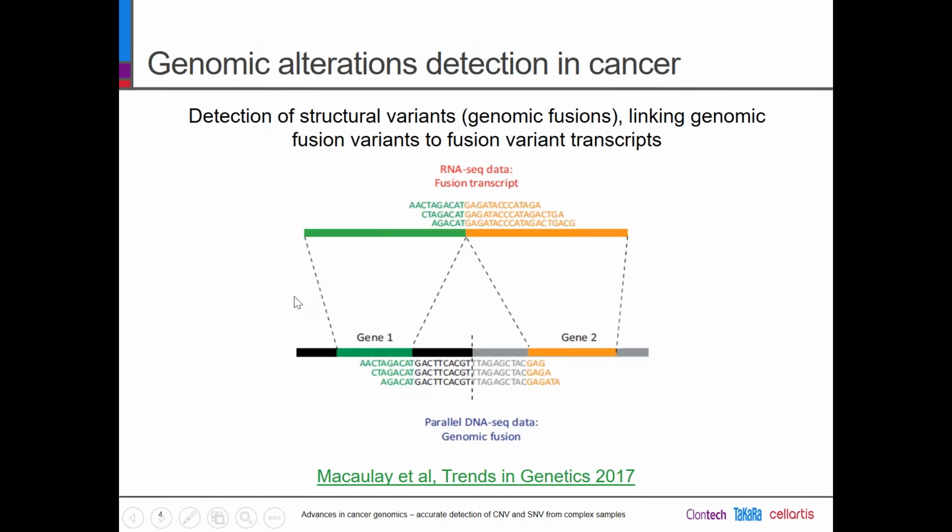This is another view of what is meaningful in cancer genomics. Here we are speaking about structural variants, like for instance, as depicted in this scheme, genomic fusions. So, for example, two genes that should not be together linearly on the genome, that instead are fused, leading to a novel gene, so to say.